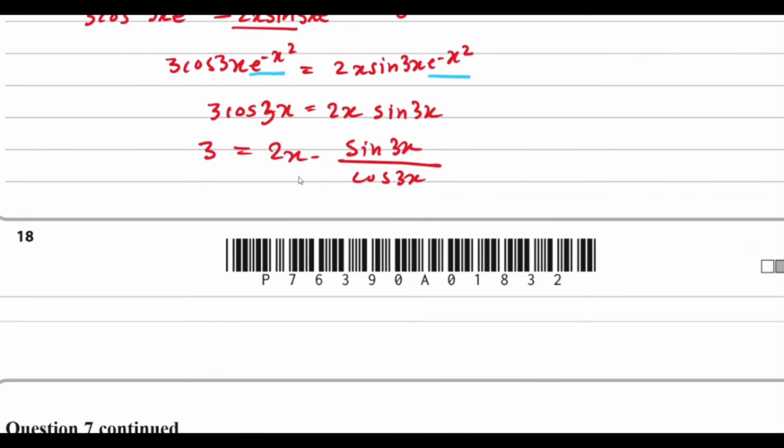I can use the identity tan x equals sine x by cos x to transform this equation. I can write 3 is equal to 2x into tan 3x, or I can write 3 by 2 is equal to x tan 3x.